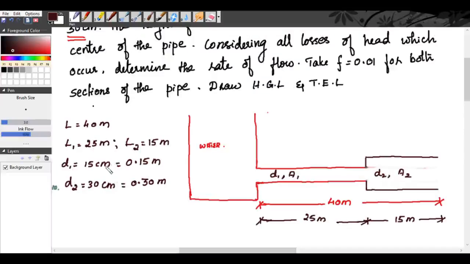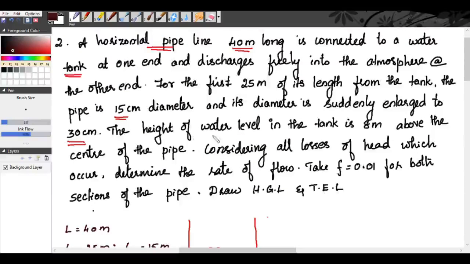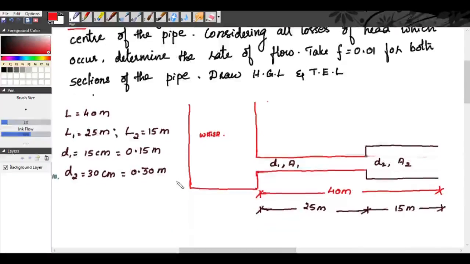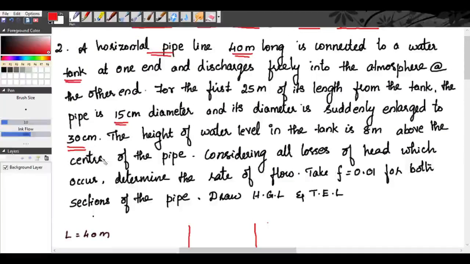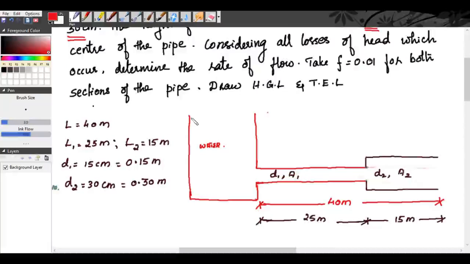Okay, now the height of water level in the tank is 8 meter above the center line of the pipe. So the water is up to a level of 8 meter, right?